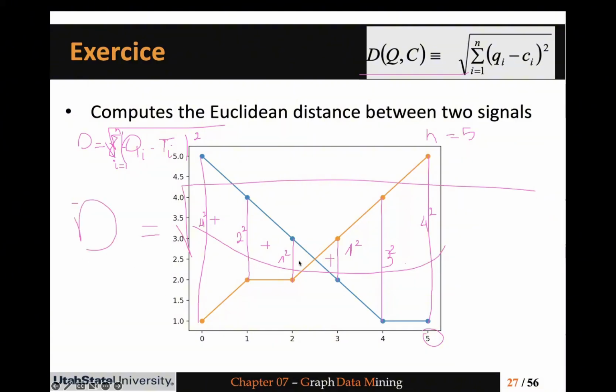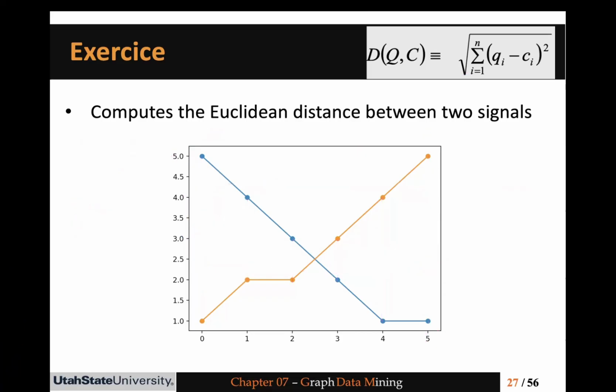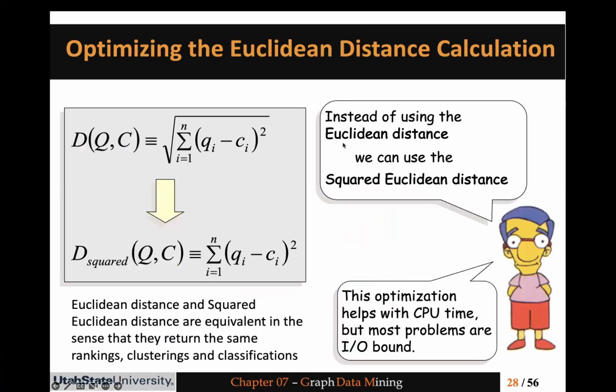So 4 squared plus 2 squared plus 1 squared plus 1 squared plus 3 squared plus 4 squared is equal to 47. If you take the square root of 47, that gives you the value of your distance, which is around 6.8, the Euclidean distance between these two time series.